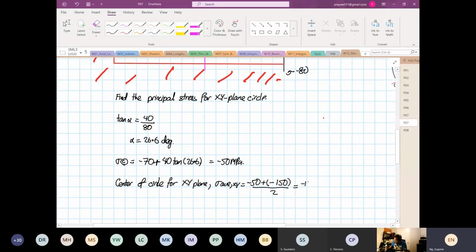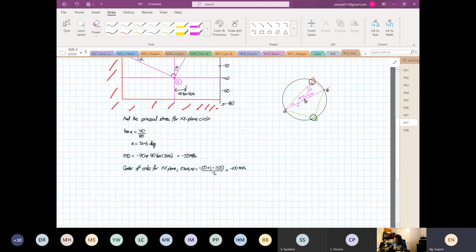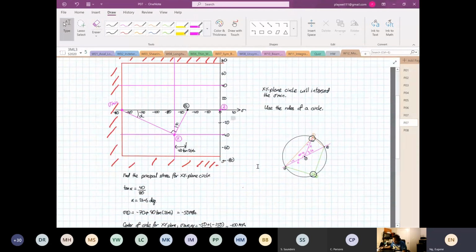So this is going to be minus 100 megapascal. We know now that our stress average, the center of the circle, is at minus 100. So now we can draw a circle: 20, 40, 50, so it's 100. This is our whole circle. Okay, different color.